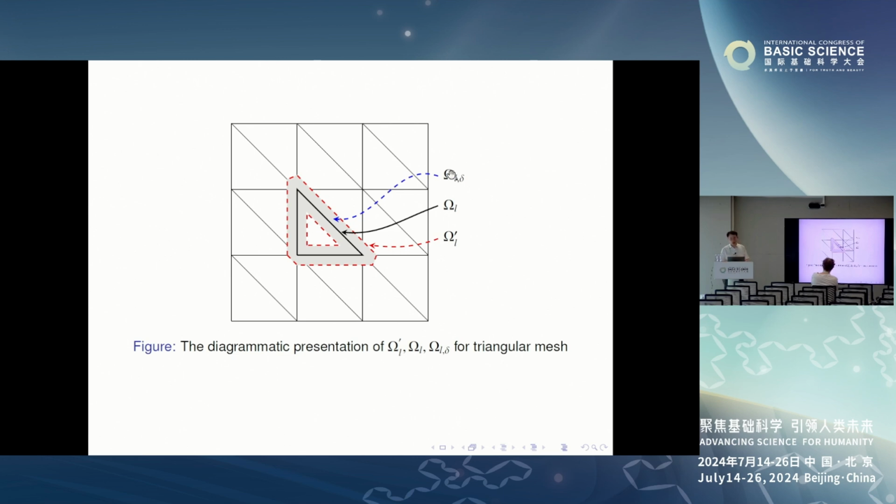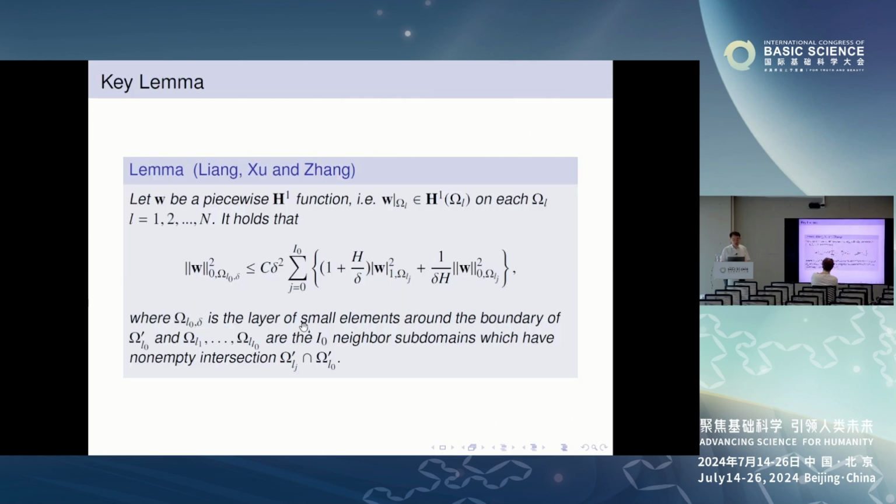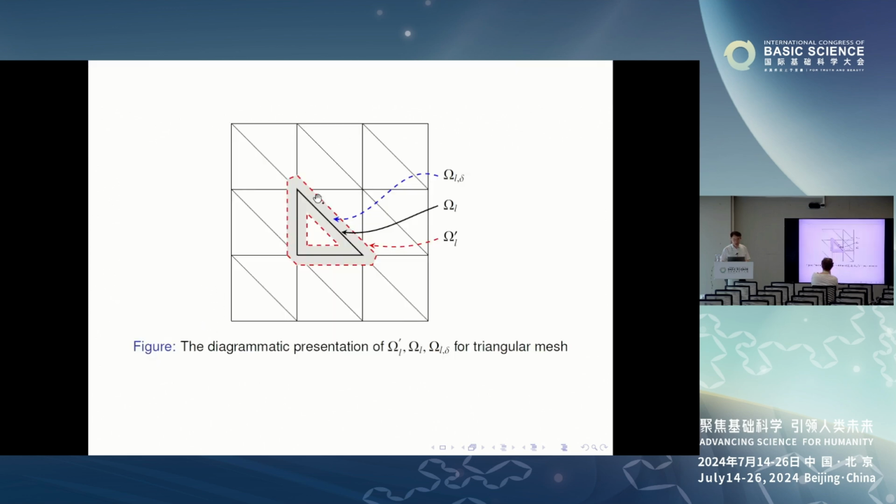So this omega L delta is a layer of the small elements at the boundary of the omega L prime, okay? This omega L delta is just the neighborhood around the boundary of the subdomain, around the coarse element, okay?